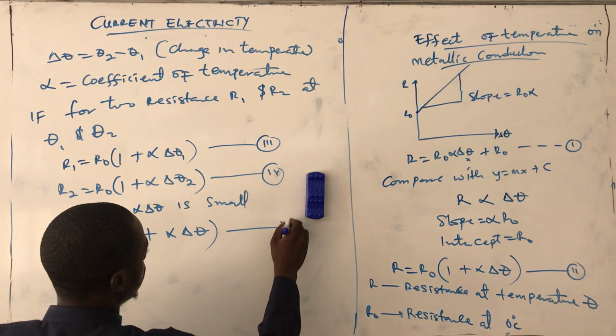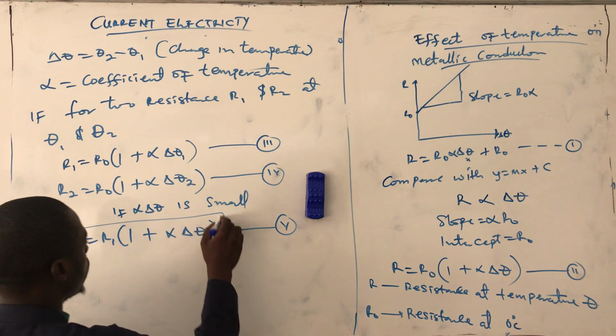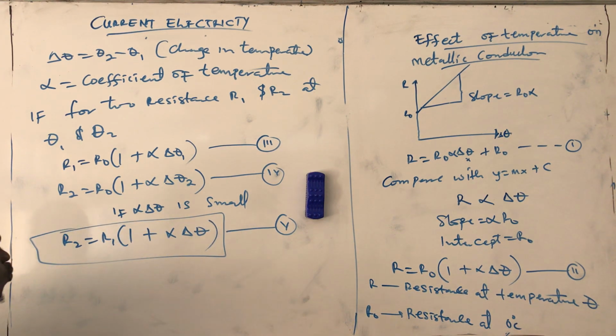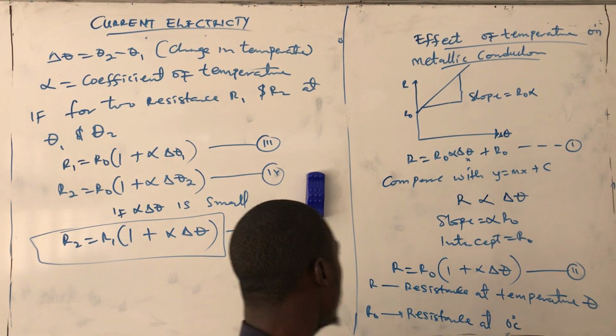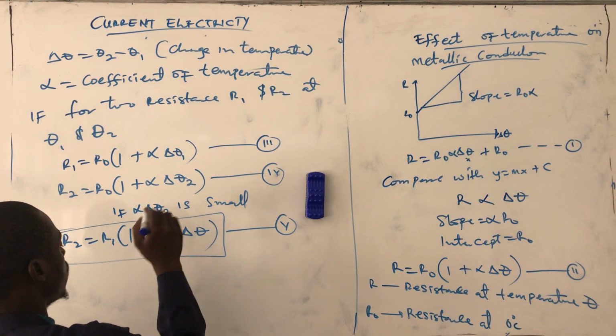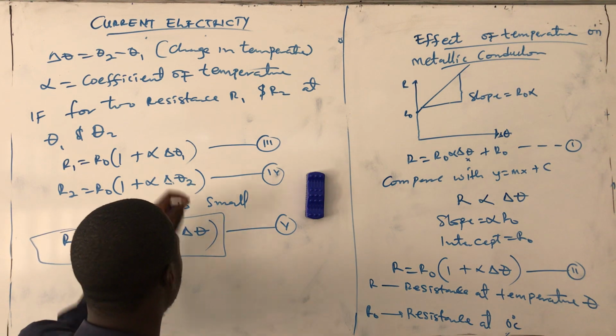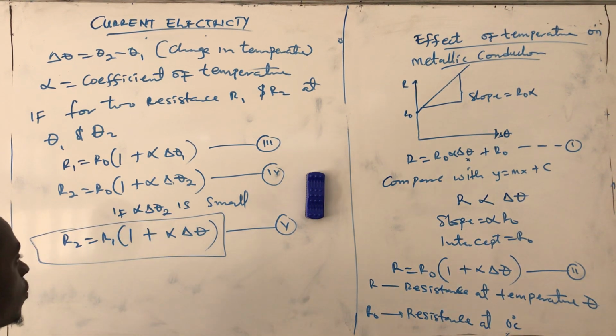Let's say this is equation 5. So this is the formula to relate two resistors together at a certain temperature, if alpha delta theta is small. If this is a very small element, that is, infinitesimal.